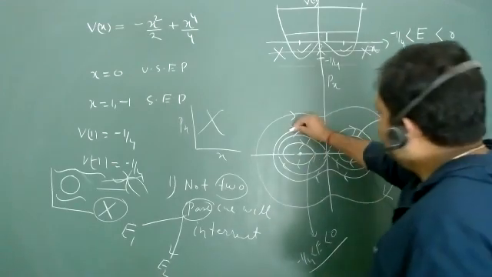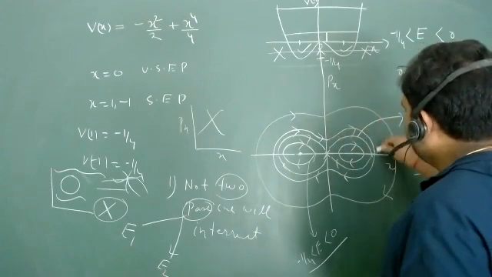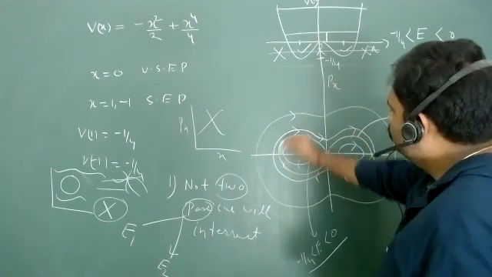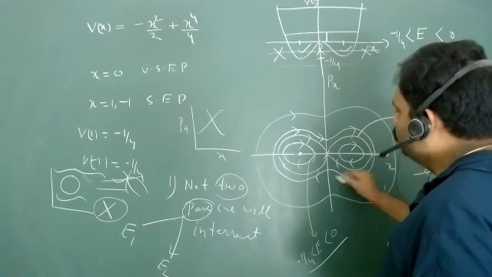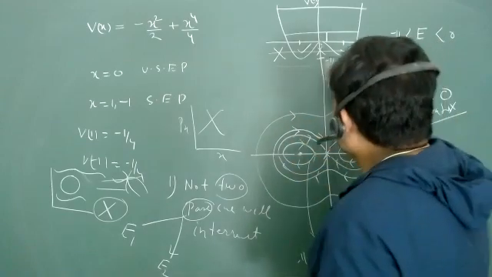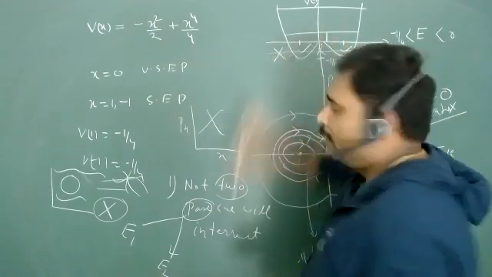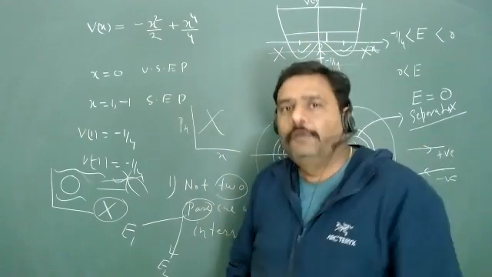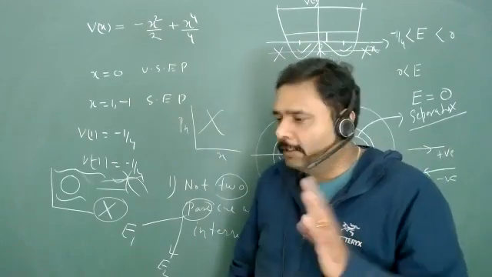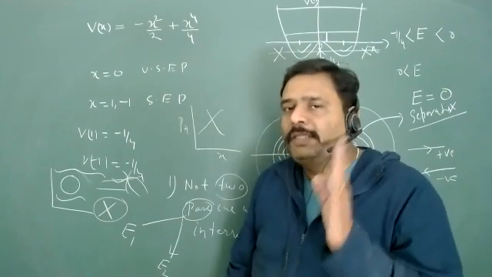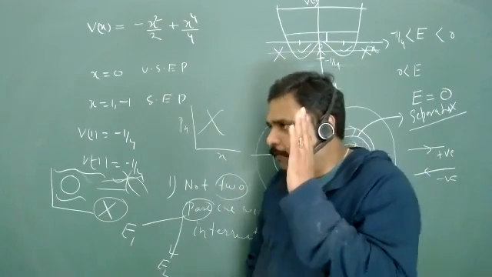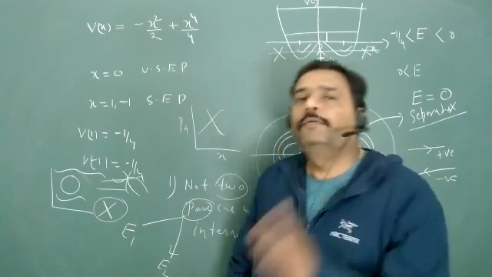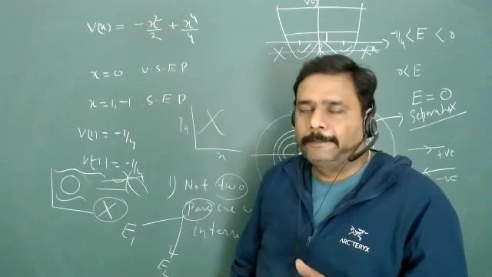Now, is this one talking about oscillatory motion? No, because you have motion about an unstable equilibrium point, but it is periodic motion. It is periodic motion, isn't it? So you should always know this fact that every periodic motion is not oscillatory in nature.